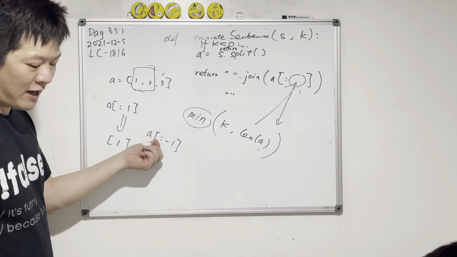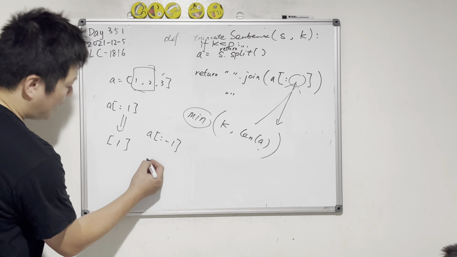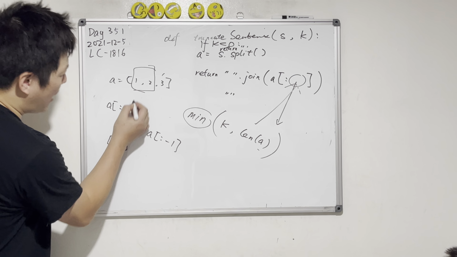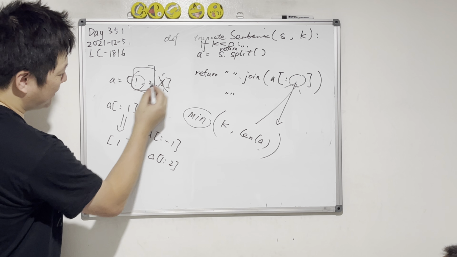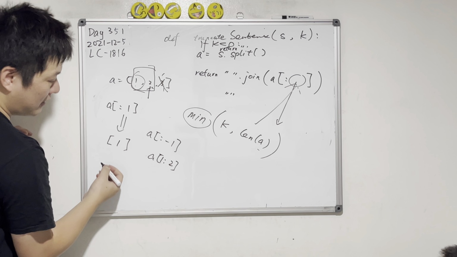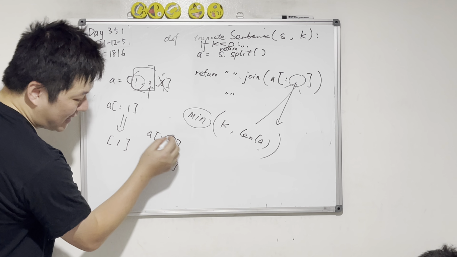Index slicing. Okay, I'm going to say one more thing. Index slicing. A up to 1 is this, right? A, 0 to 2, 0, 1. Up to 2, so excluding 3, so it will be 1, 2. Right? Make sense? Okay, so the index slicing supposing the negative one, right?